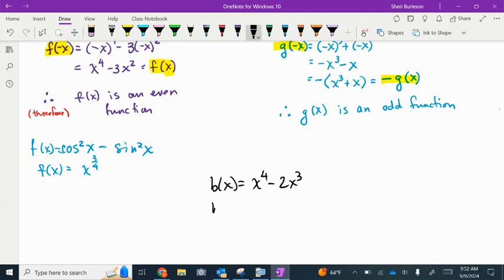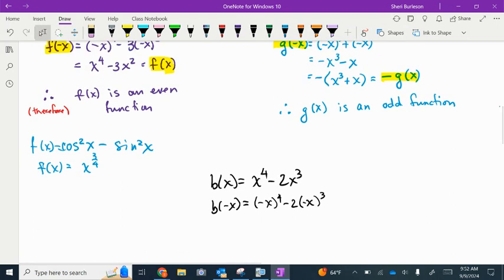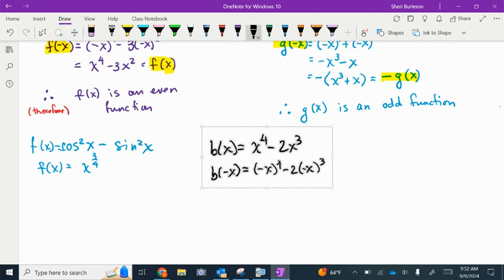So let's make sure, and I want to show you the work, okay? So I'm going to plug in the opposite of x. So then what I see is x to the fourth plus 2x cubed.